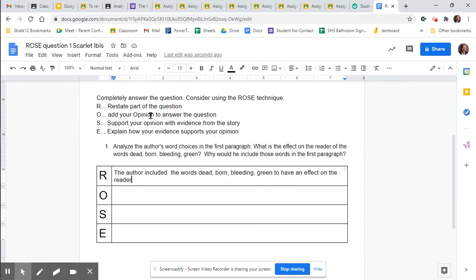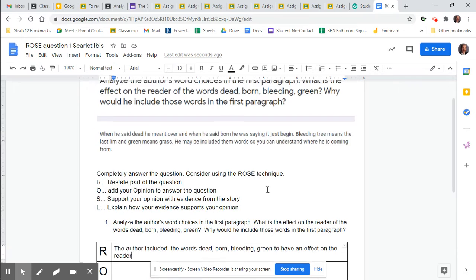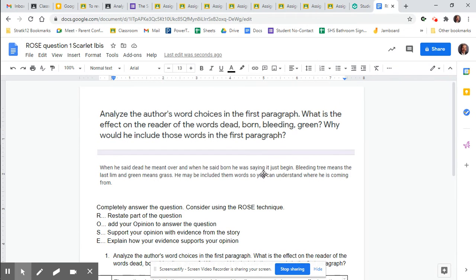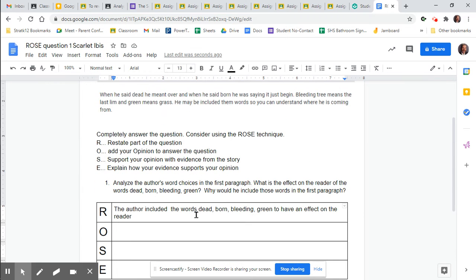Now I need to add an opinion. Okay, so we have these words, but we don't have an opinion about what the words are doing. And actually, if you look back up here in the answer, that is kind of missing here too. He goes in and analyzes each one of the words, but doesn't say what the overall effect is. So we have the words dead, born, bleeding, and green.